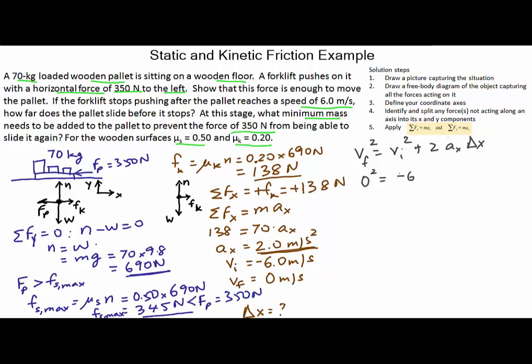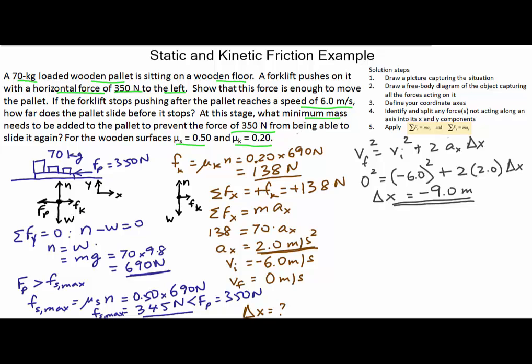VI squared is minus 6, the whole thing gets squared, the negative and the 6. 2, AX is a plus 2.0, delta x. And when you solve that, you will get delta x equals minus 9.0 meters. So it tells us that the pallet will continue to slide for 9 meters to the left after the forklift stops pushing.